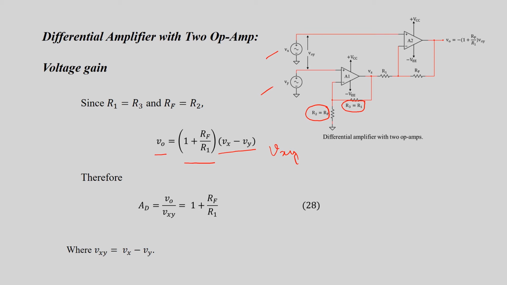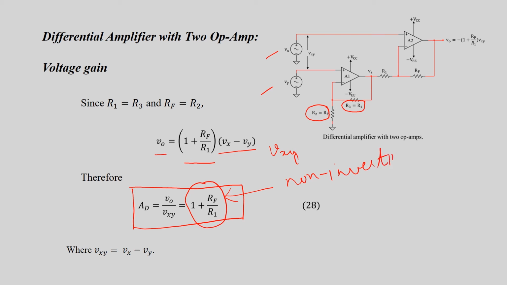Therefore, the gain AD, which is V naught by Vxy, is equal to 1 plus RF by R1, and this was the gain for a non-inverting amplifier, where Vxy is Vx minus Vy.